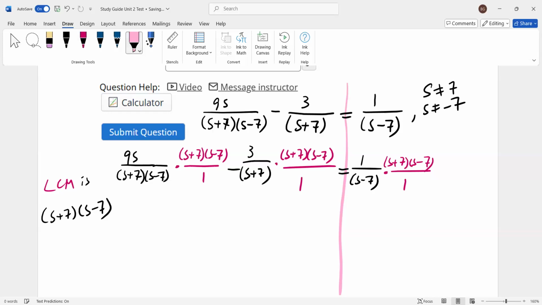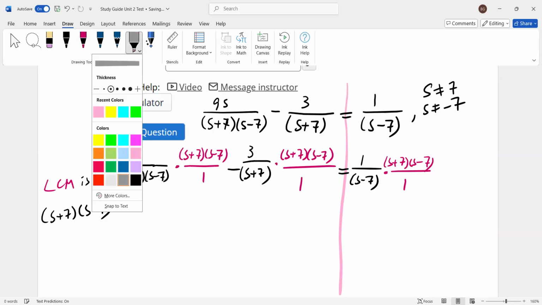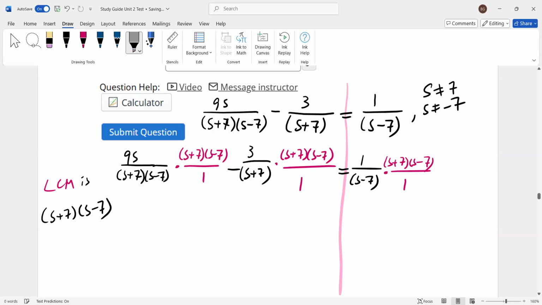I'm going to use a gray color to cancel common factors from numerator and denominator. Cancel, cancel, cancel, cancel, cancel, cancel.